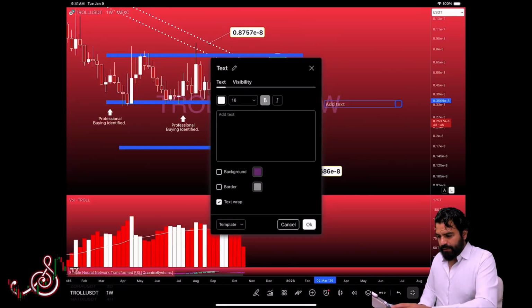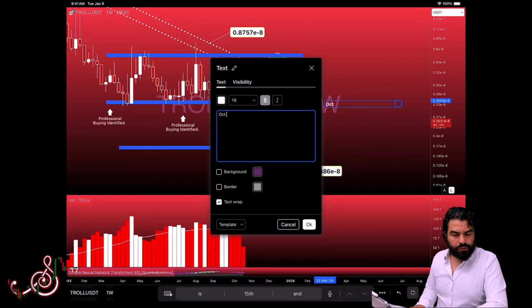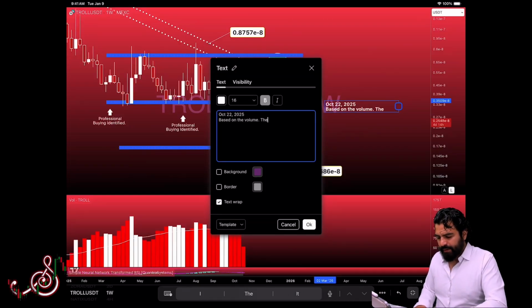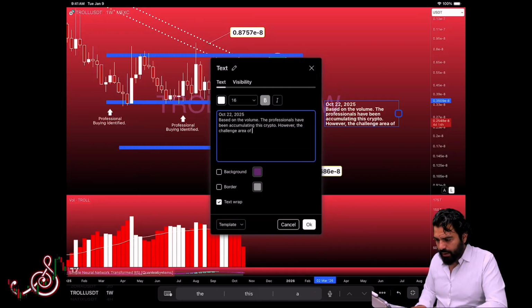Okay. Today is October 22nd, 2025. Based on the volume, the professionals have been accumulating this crypto at the challenge area, and I will say this, however, the challenge area of 0.8035 reveals also the buyers are not yet in control.